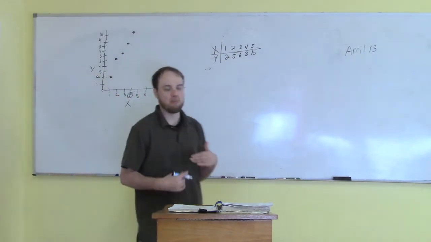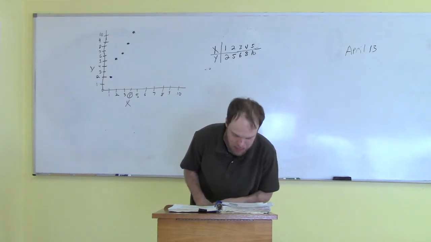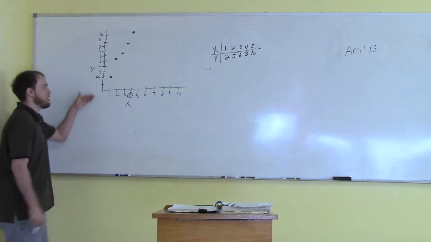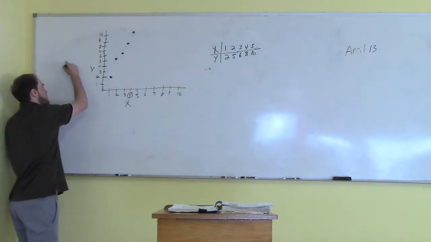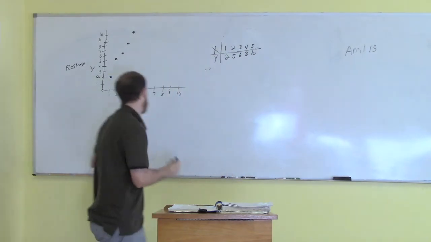Now, what is being predicted would be the response variable, the dependent variable, and it is going to be the vertical axis. So the prediction would be up here on the vertical axis. So the vertical axis is the response, and then the horizontal axis is the explanatory.